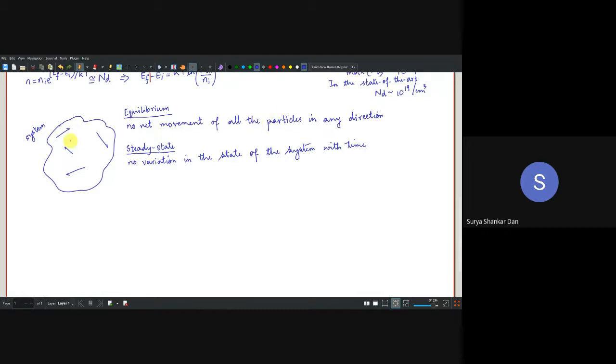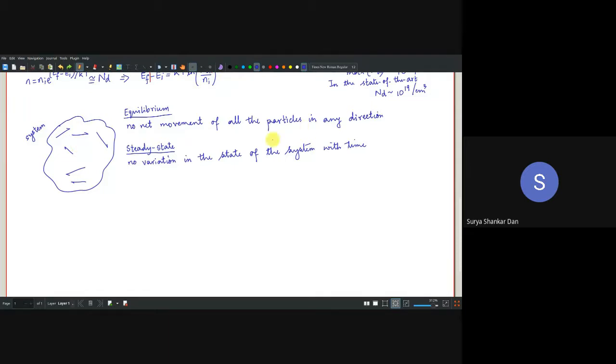So there will be no variation in the state of the system with time anyway, because no particle is going anywhere and none is coming. If one particle is moving in this direction, there is exactly some other place in the system, may not be very close, where another particle is traversing the same amount of movement, so that the total movement of the particles in that direction is always zero.